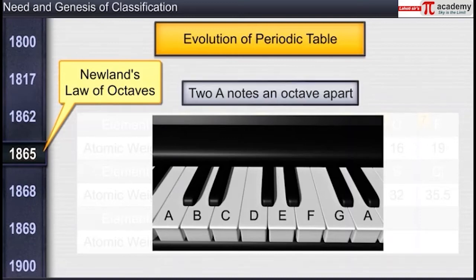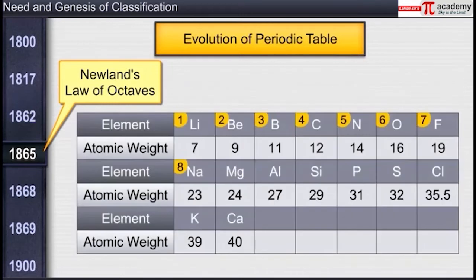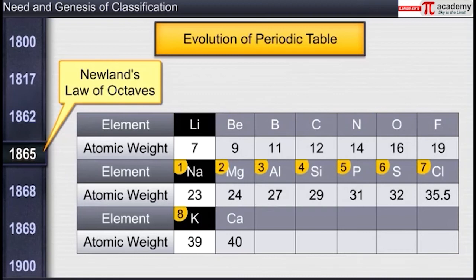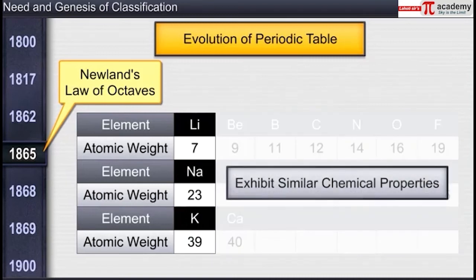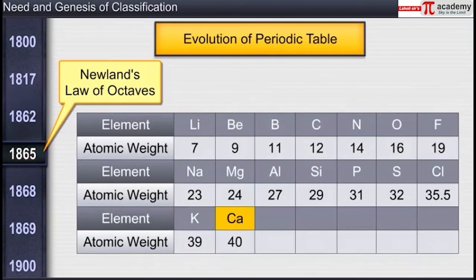Hence, the name law of octaves. For example, in Newlands' periodic table, the eighth element after lithium is sodium, and the eighth element from sodium is potassium. All these elements are similar in their chemical properties. However, Newlands' law of octaves was not found to be true for new elements found after calcium.